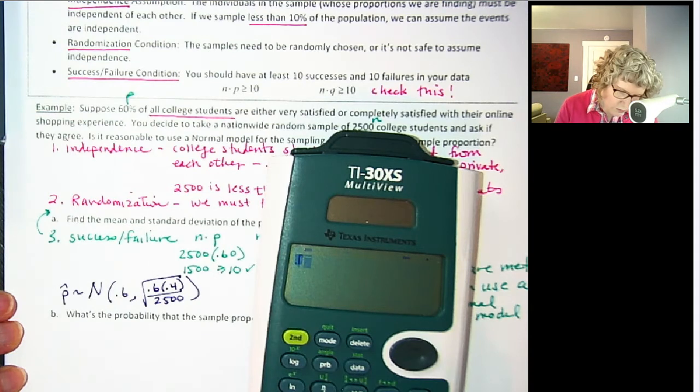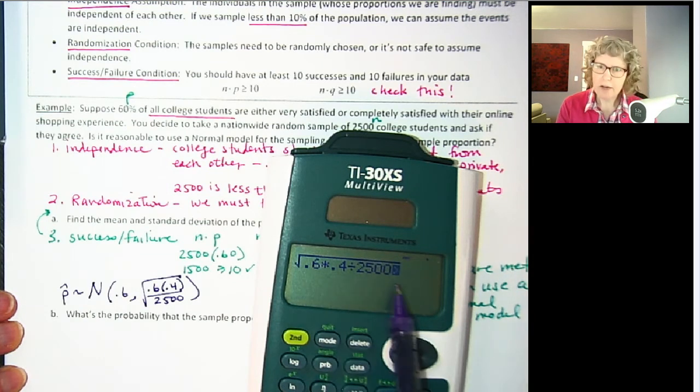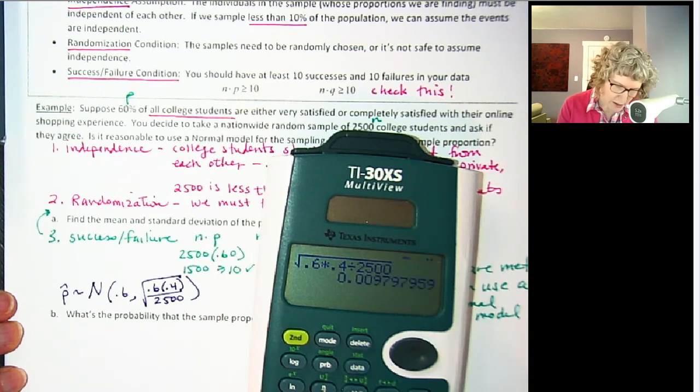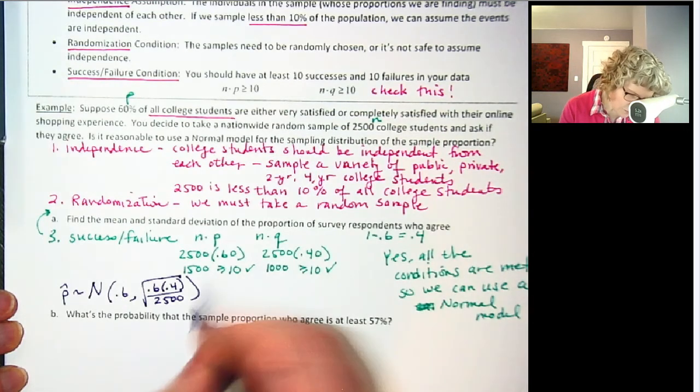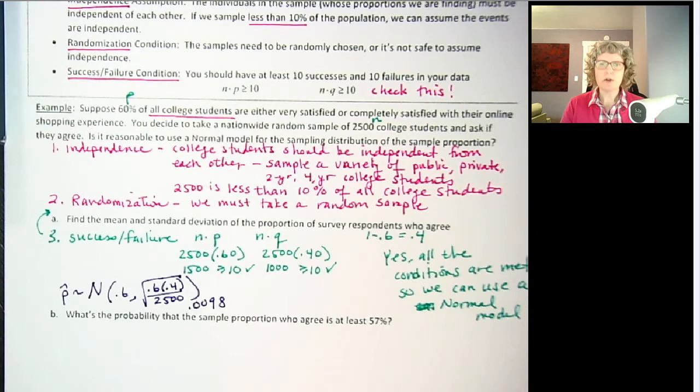So square root of 0.6 times 0.4 divided by 2500. Order of operations says multiply and divide from left to right, so we don't need any parentheses in there, and it's 0.0098. I'm going to round that. I want to keep 4 decimal places for technology.